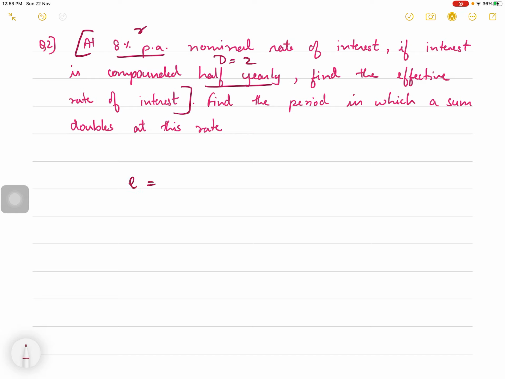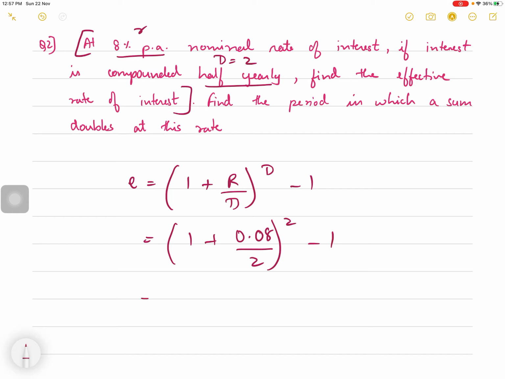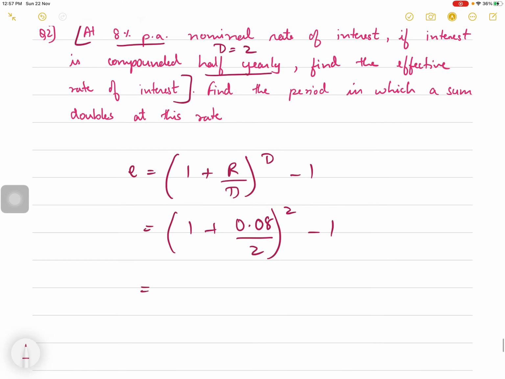So E is equal to (1 plus R upon D) the whole raised to D, minus 1. 1 plus 0.08 upon 2, whole raised to 2, minus 1. So 1.04 raised to 2 minus 1.